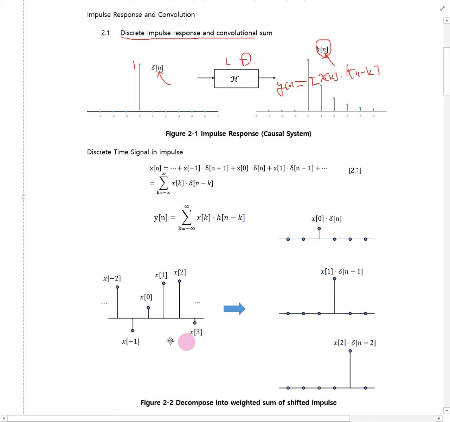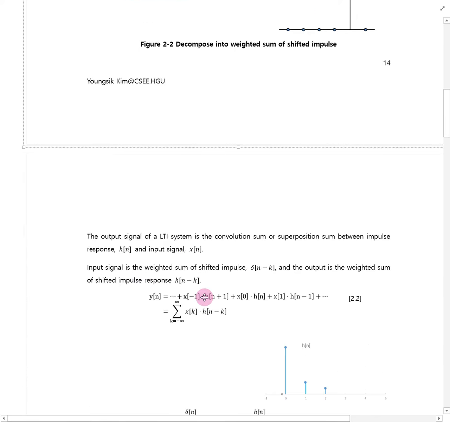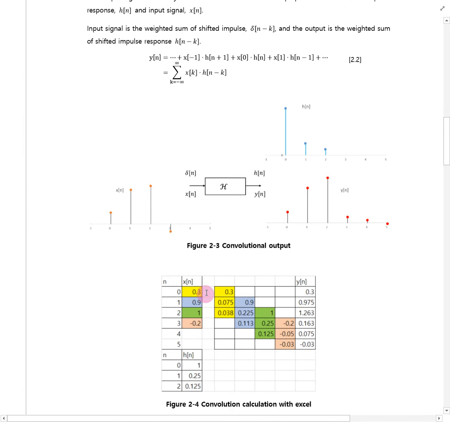This means that any input can be decomposed into a sum of weighted impulse sequences. Then these weighted impulse sequences are applied to the linear time invariant system, and we can get the output response. That response follows the convolution operation.